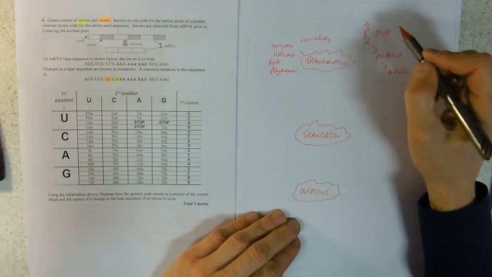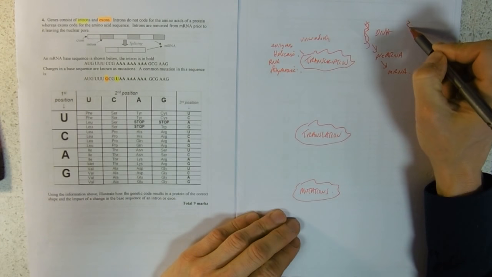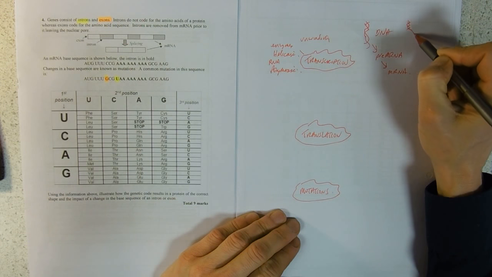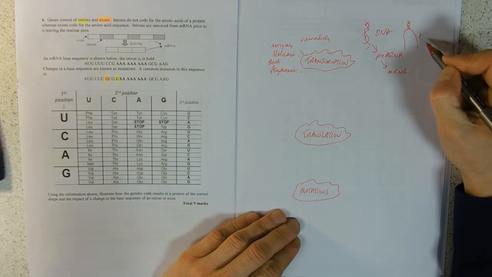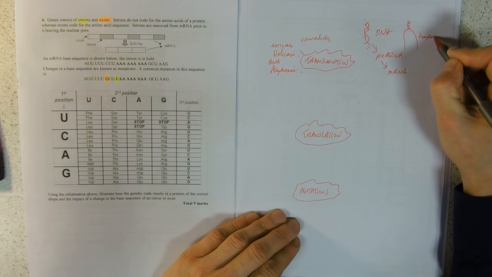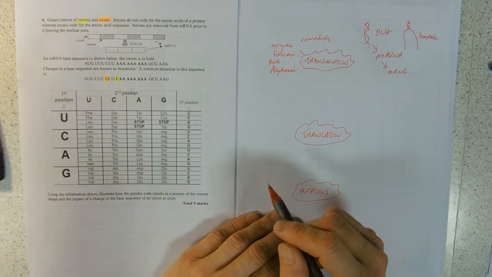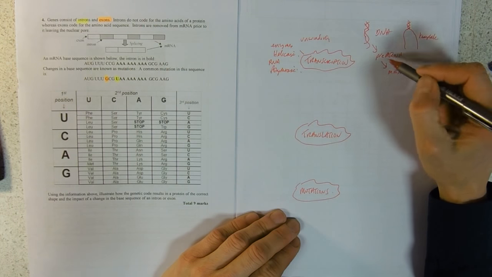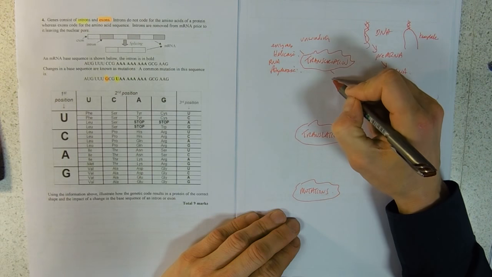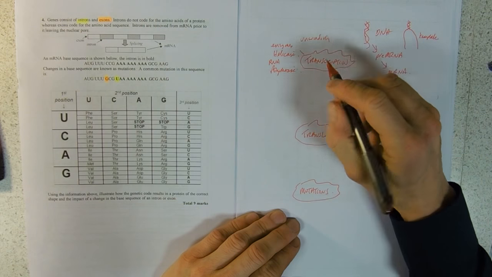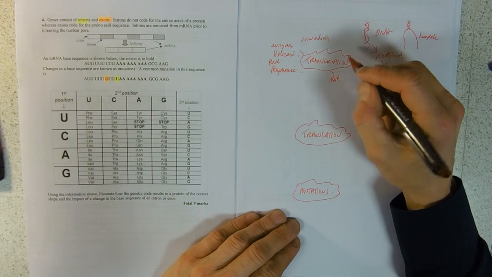When we've got this unraveled, we're going to talk about templates, what we're making our messenger RNA out of. We're going to make it out of nucleotides, so RNA nucleotides.